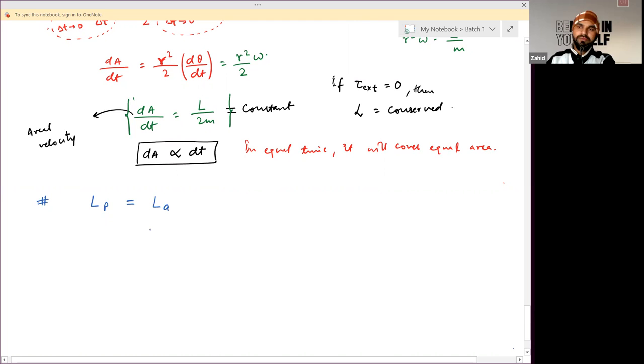For a particle moving at some velocity v, angular momentum equals mass times velocity times distance. So this m and this m will cancel out. So velocity at perihelion divided by velocity at aphelion equals distance at aphelion by distance at perihelion.